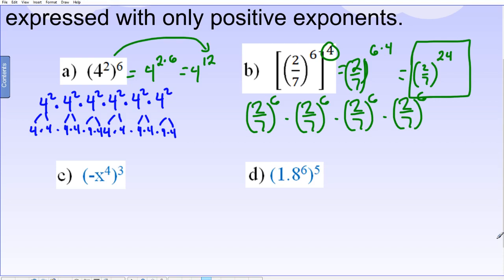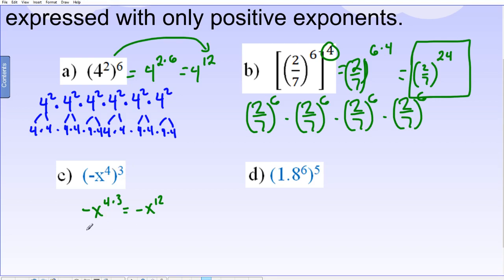Okay, so we have negative x to the 4th power cubed. So let's see here. Negative x, ooh, that's not an x, that's a 4. Negative x to the 4th power cubed. That would give us negative x to the 12th power.